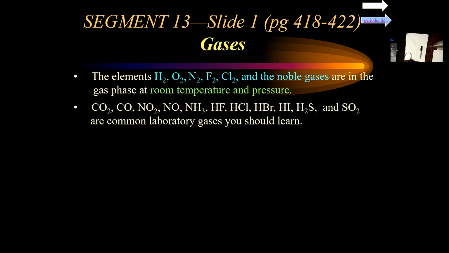There are some common gases that we generate in the laboratory or in natural environments as well. Carbon dioxide is a natural component of our atmosphere. Carbon monoxide we make if we incompletely combust anything containing carbon.